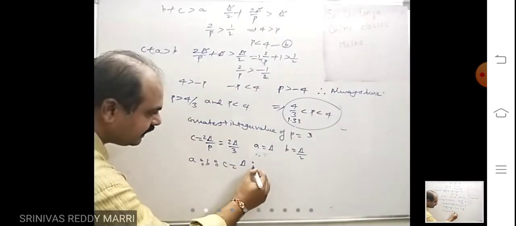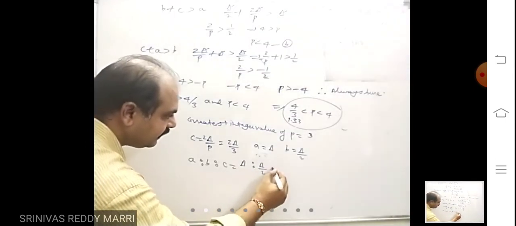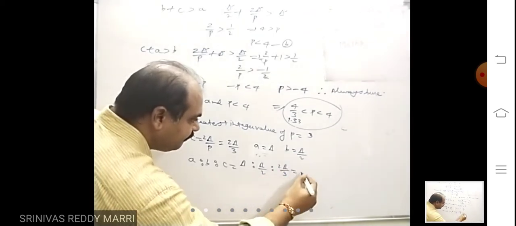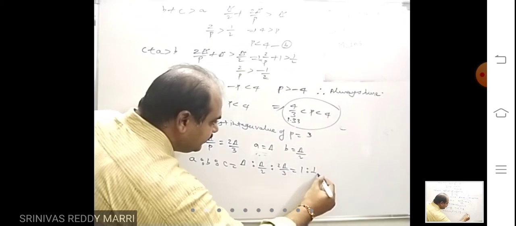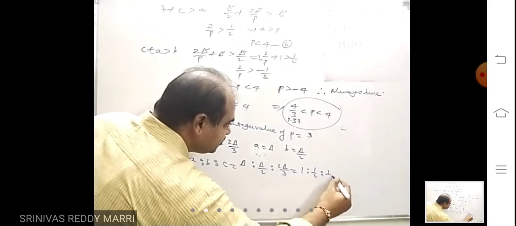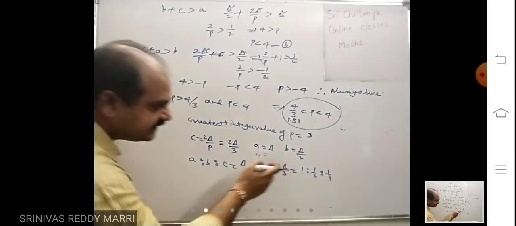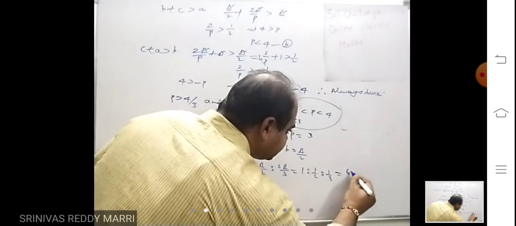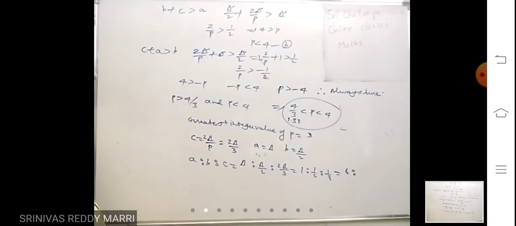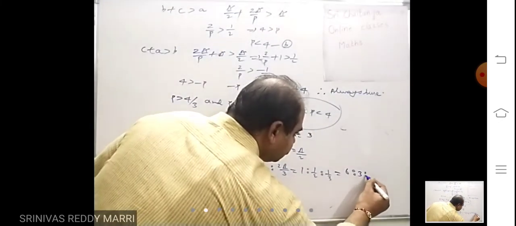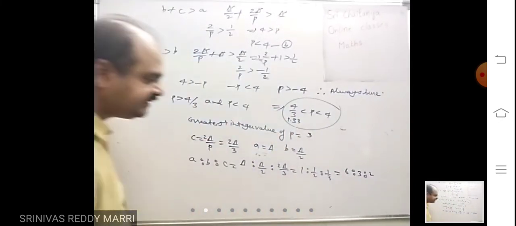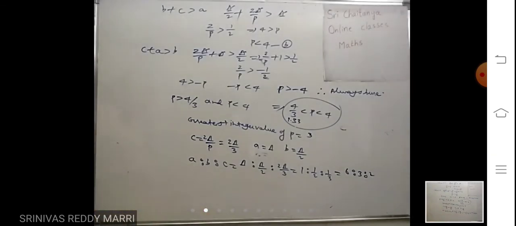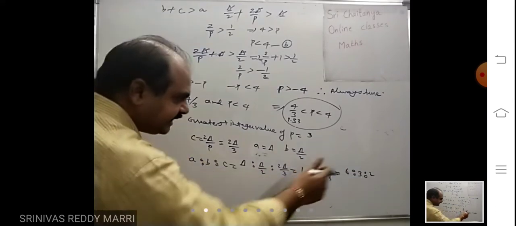That means delta is to delta by 2 is to 2 delta by 3. That means 1 is to 1 by 2 is to 1 by 3. This complete ratio I am multiplying with 6. So A is to B is to C is nothing but 6 is to 3 is to 2. So the ratio of sides you know.